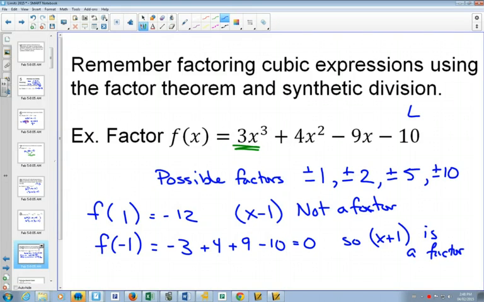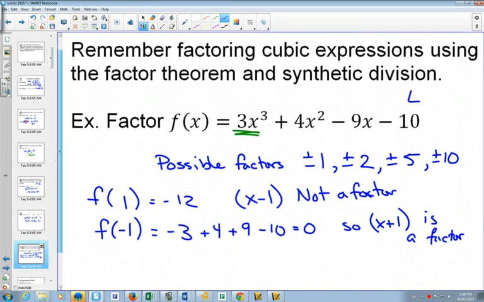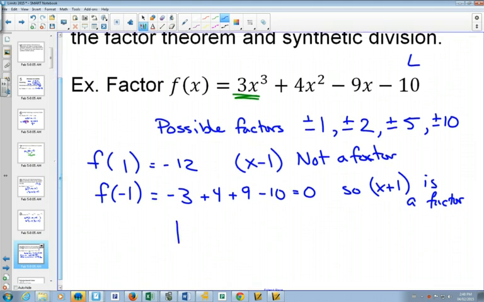So once you know that x plus 1 is a factor, the best strategy is to use synthetic division. And I'll remind you how synthetic division works. You write the coefficients of all the terms in your function. And if you say that x plus 1 is a factor, then outside here, you'd put negative 1.